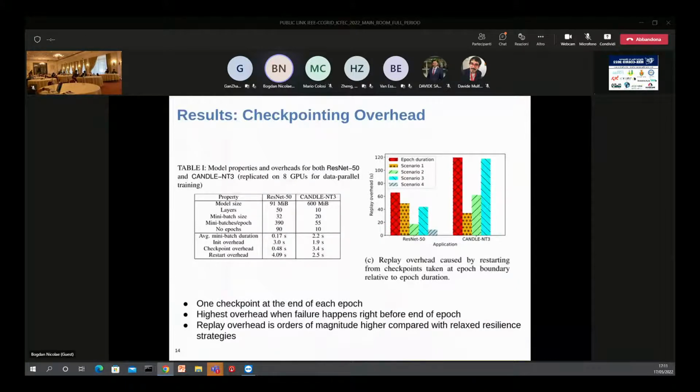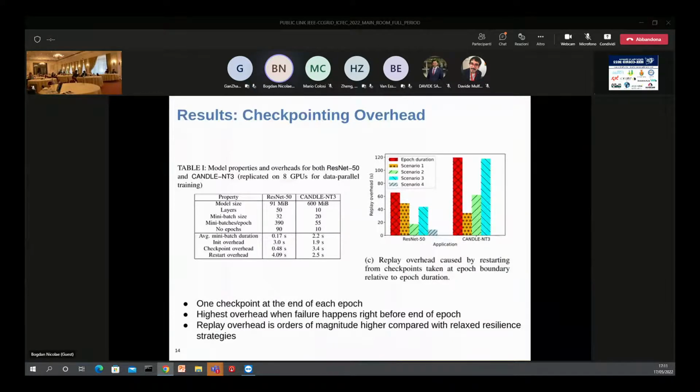These overheads can be as high as the order of minutes. Then we studied our two strategies. First, let's look at ResNet-50.